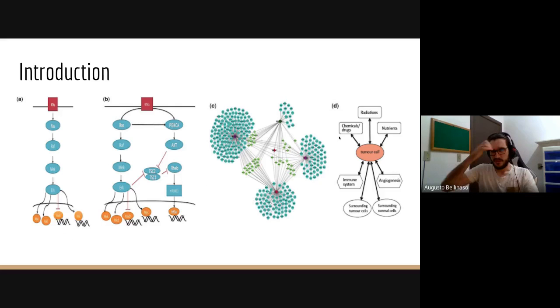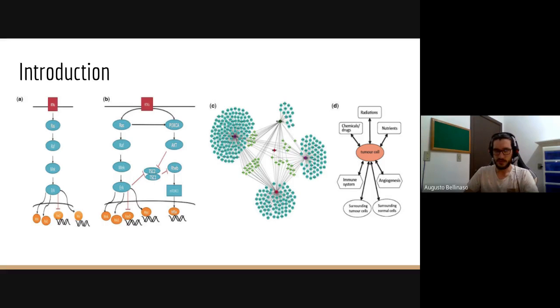So as an introduction, with the recent advances in technology and computational methods, there has been a huge increase in the amount of information available on the biology side.